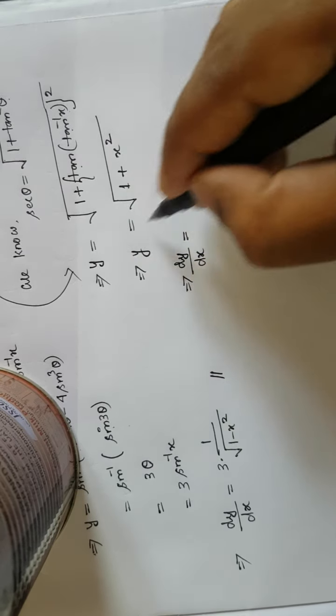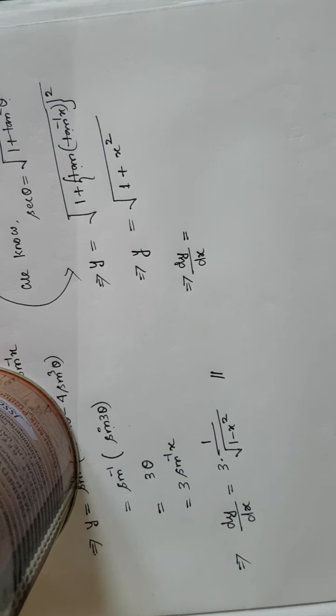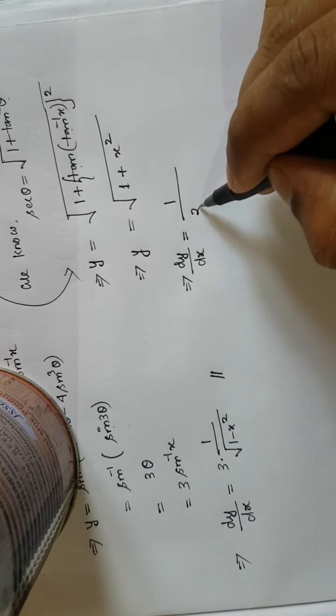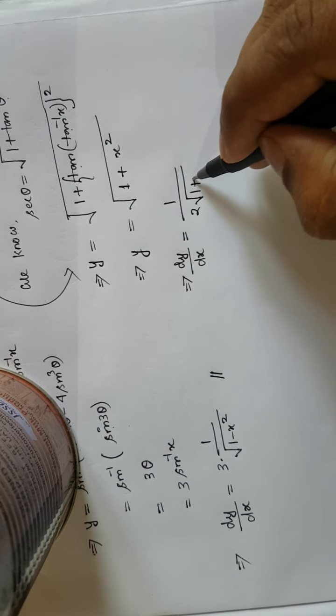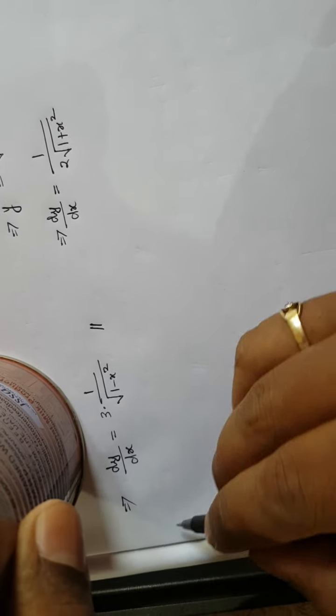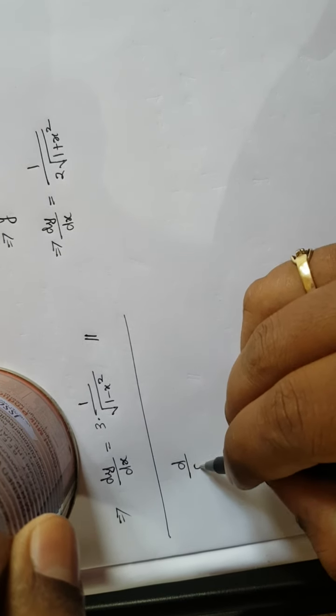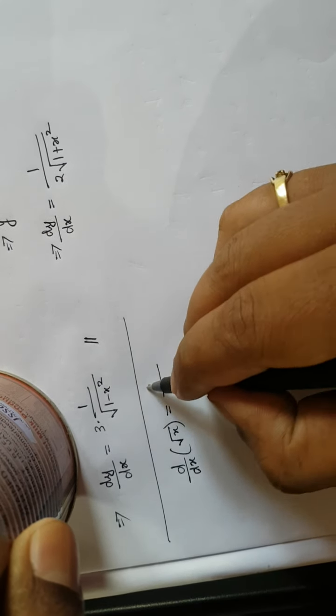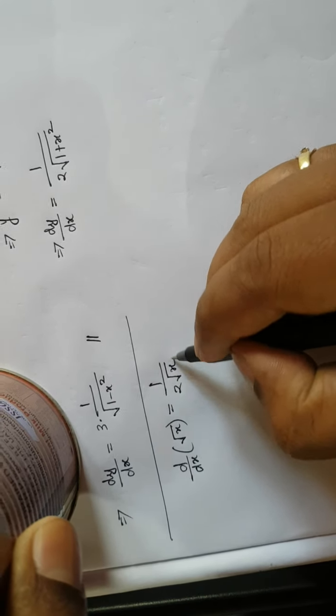Initially we can assume this as a square root of x. If you differentiate square root of x, answer is 1 by 2 root over of x. Remember these steps. Whenever you differentiate a root over function, you get 1 by 2 root over of x.